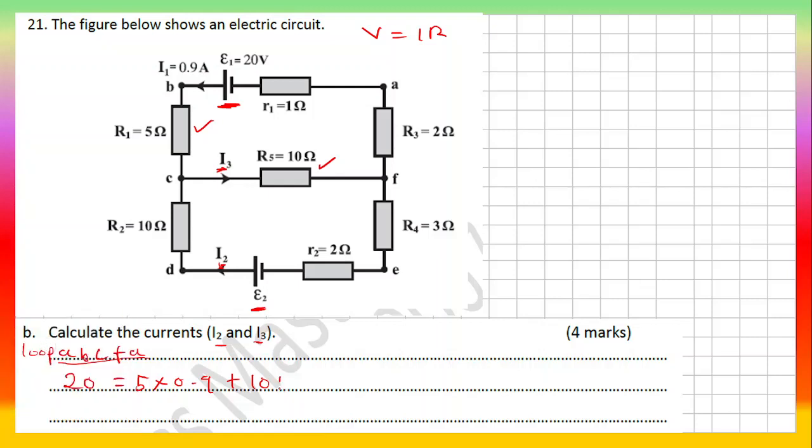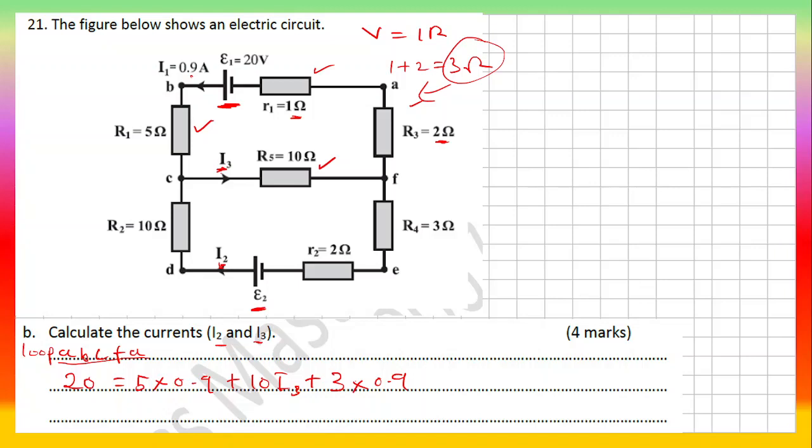Then plus the voltage through the 2 ohm resistor and the 1 ohm resistor. These two are in series connection, so I can just add them: 1 plus 2 gives 3 ohm, multiplied by I1, which is 0.9, the same current.